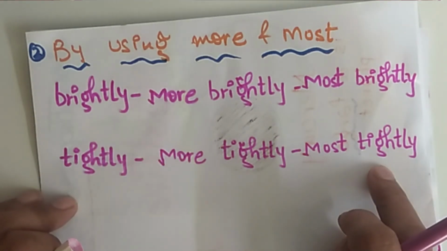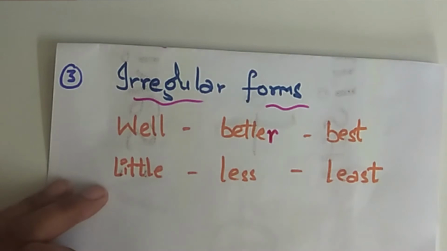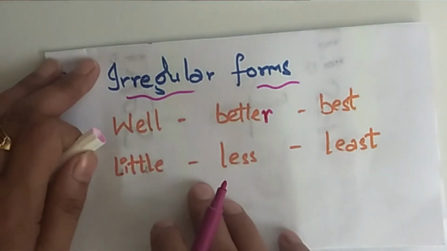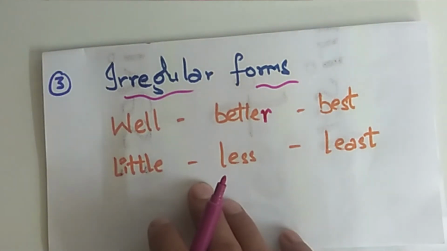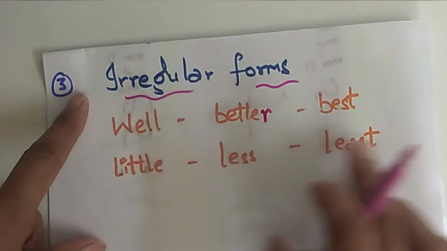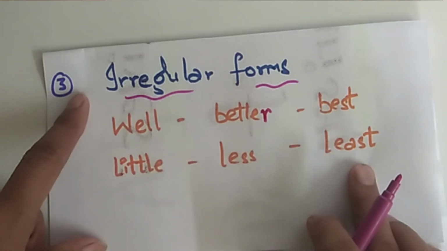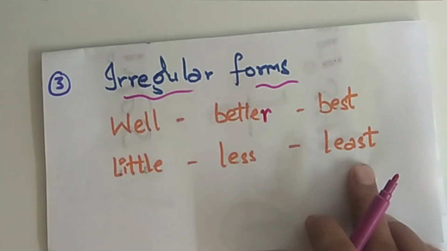You do remember. In the other cases, when we have irregular forms, we have to change the spellings completely to write down the comparative and superlative forms. Here we are not supposed to write more and most with these adverbs.